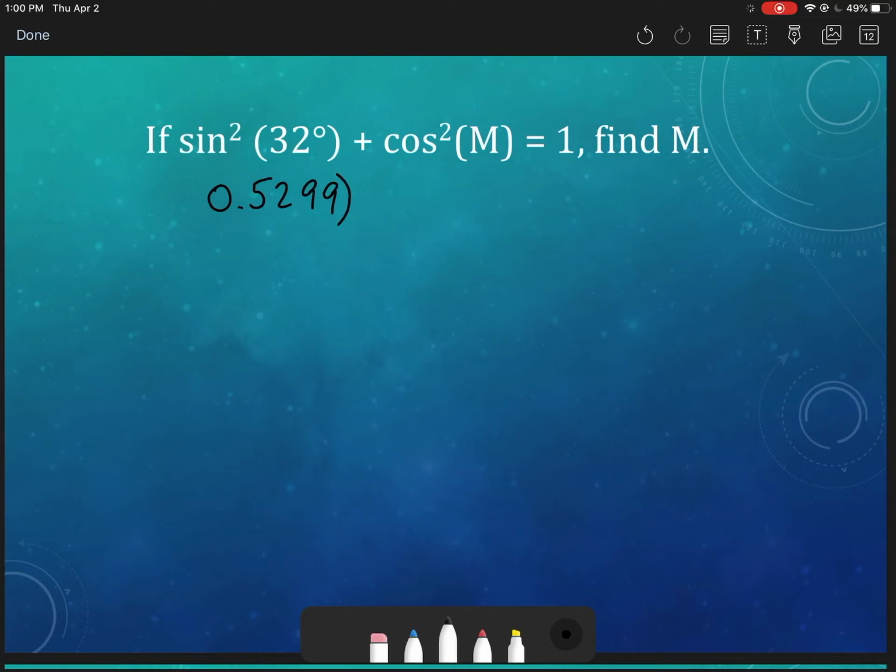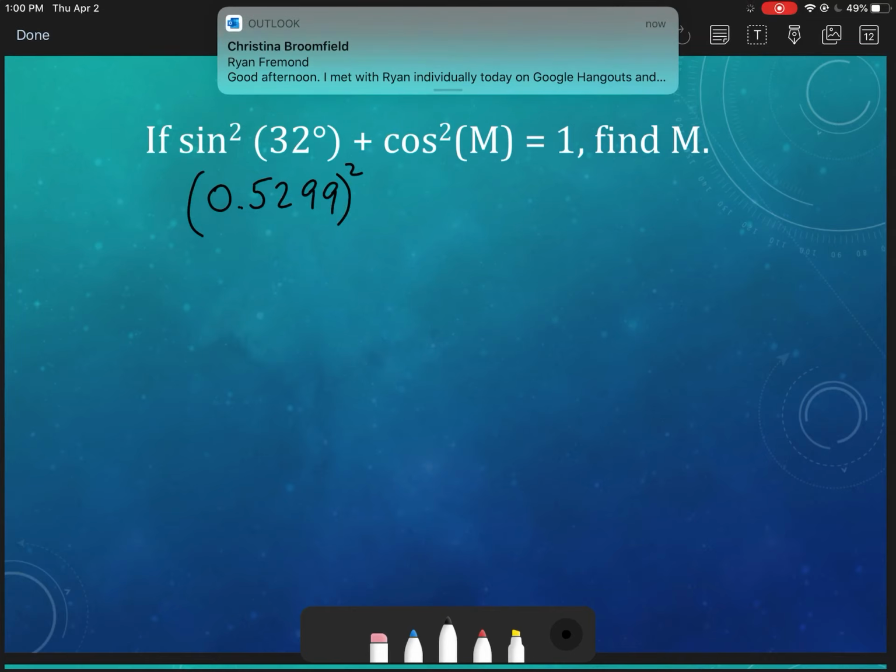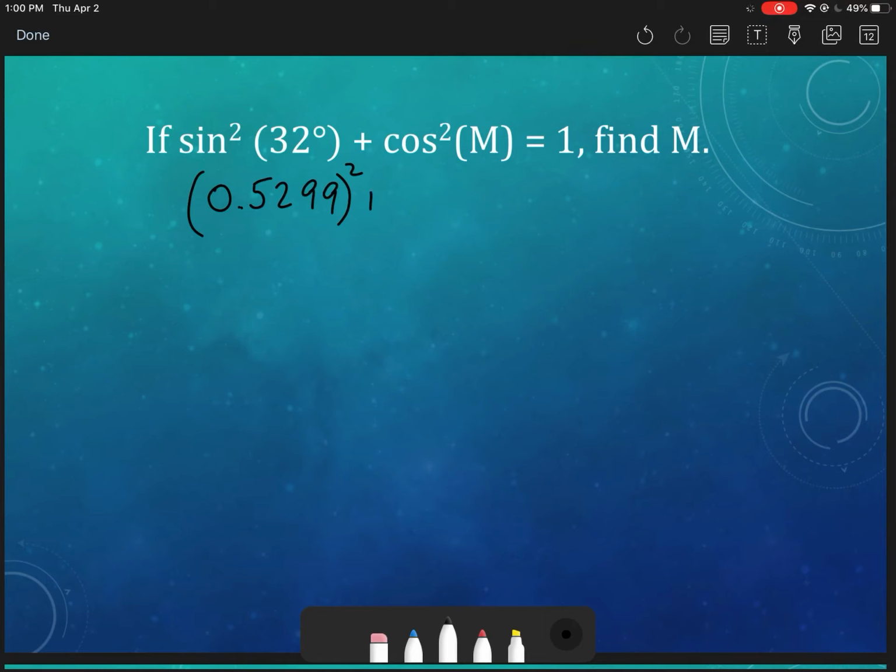And this needs to be squared, plus cosine squared m equals 1. Now we're going to square that. On the next line, answer squared. That gives us 0.2808 plus cosine squared m equals 1.